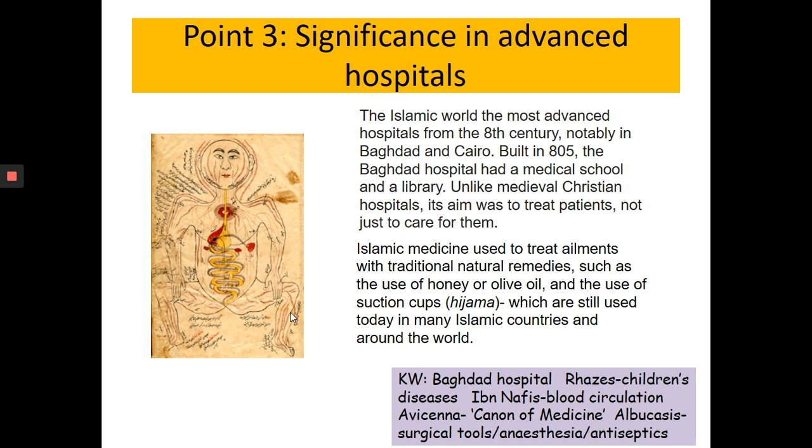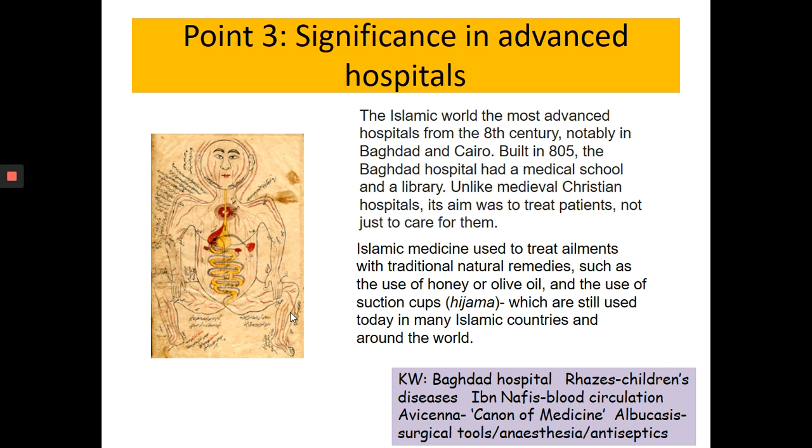Point 3. Significance in advanced hospitals. The Islamic world had the most advanced hospitals from the 8th century, notably in Baghdad, which is modern Iraq, and Cairo, which is in Egypt. Built in 805, the Baghdad Hospital also had a medical school and a library attached to it.